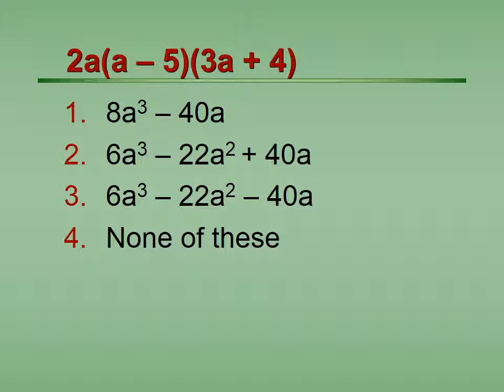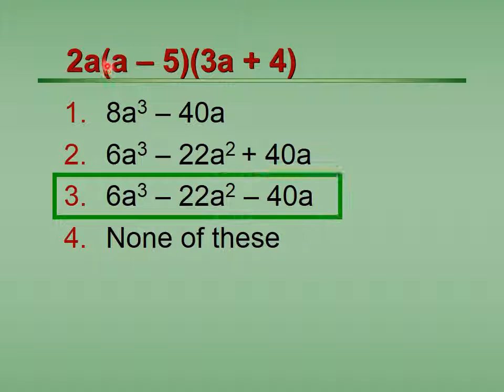Go ahead and try this one. For this one, you might want to go ahead and distribute this to a first, and then either do the box method or the FOIL method. You should have gotten option 3. So if you multiply this piece first, this would have been 2a squared minus 10a.